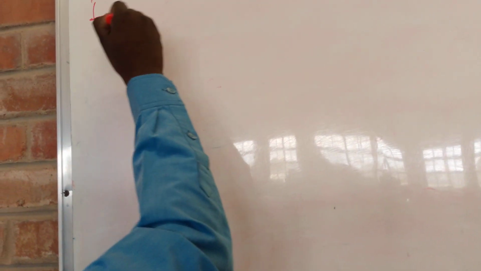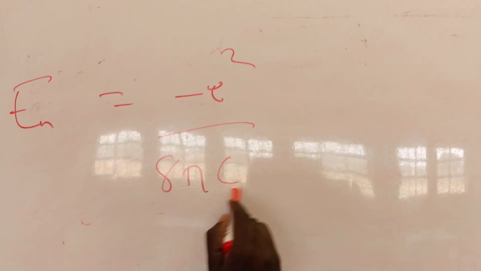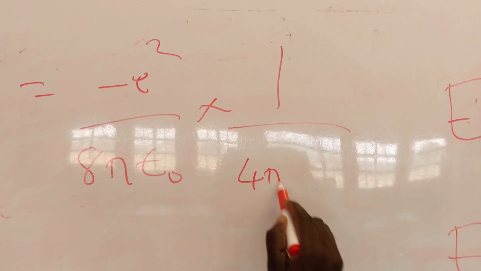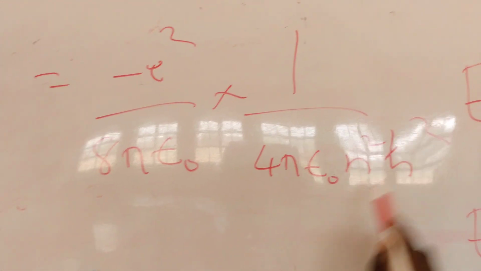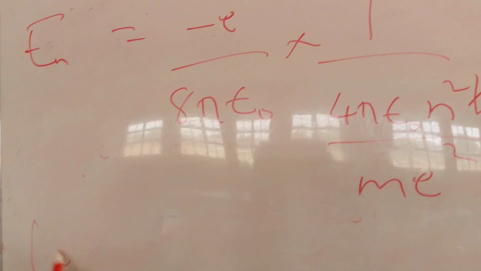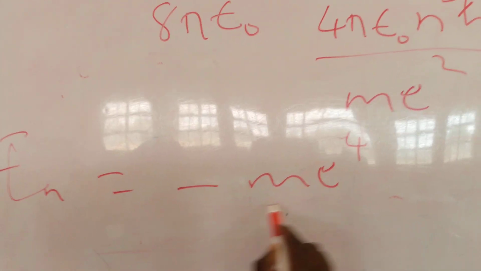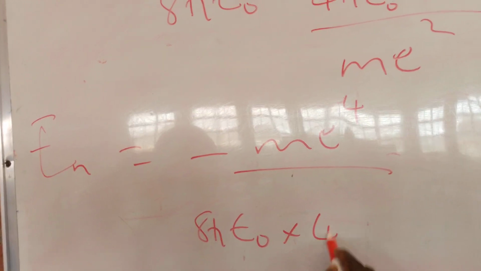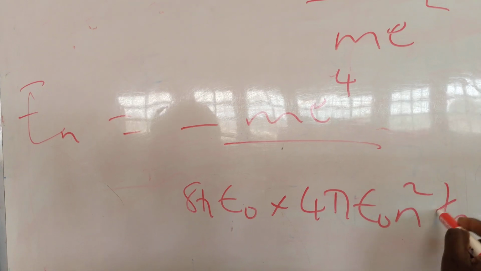So the energy at the nth level will be minus e squared over 8 pi epsilon naught times 1 over 4 pi epsilon naught n squared h bar squared over m e squared. This reduces to minus m e to the power 4 over 8 pi epsilon naught times 4 pi epsilon naught n squared h bar squared.